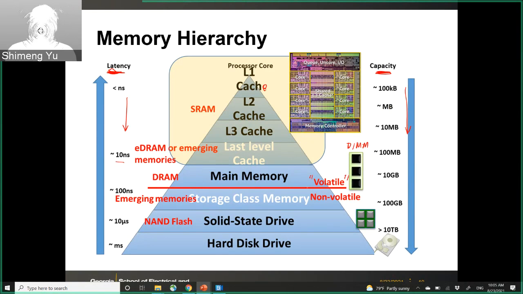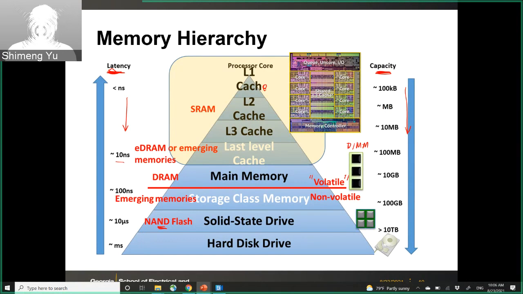And then below this line, we have the non-volatile memory. That is for storage, where you can keep your data for a longer term. Here we see the solid state drive, SSD. This is enabled by NAND flash technology. The latency for NAND flash, from read to write, is about 10 microseconds to hundreds of microseconds.